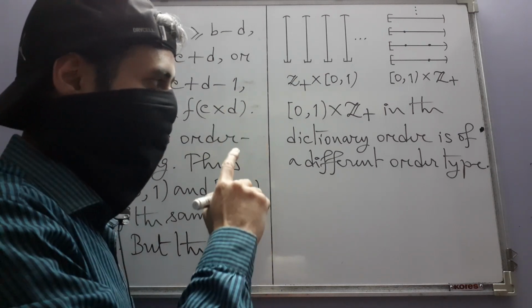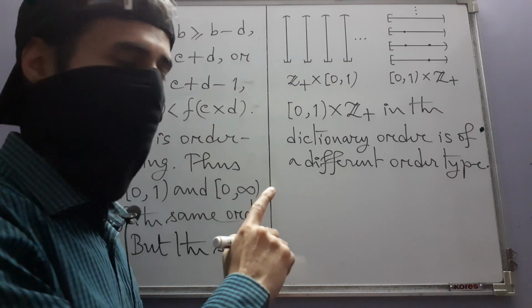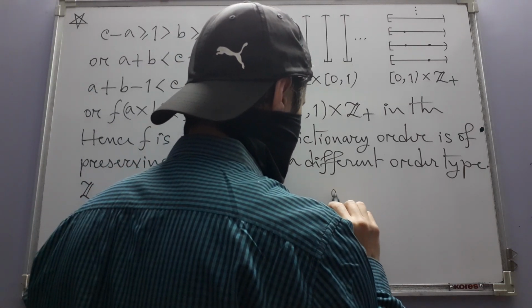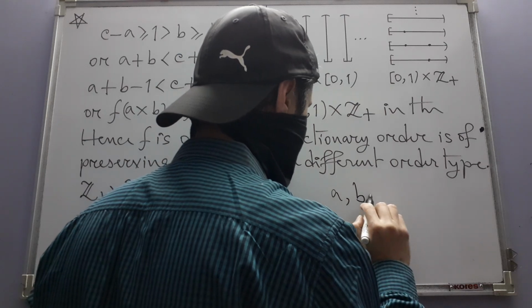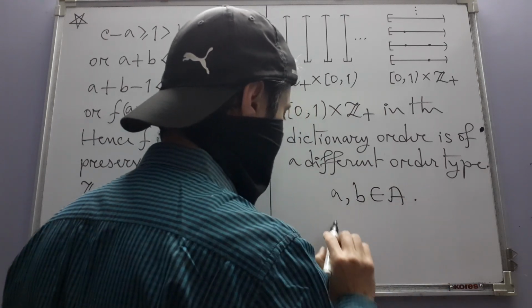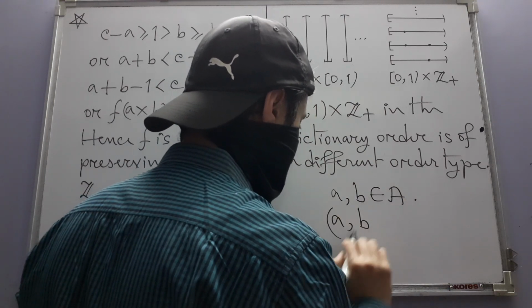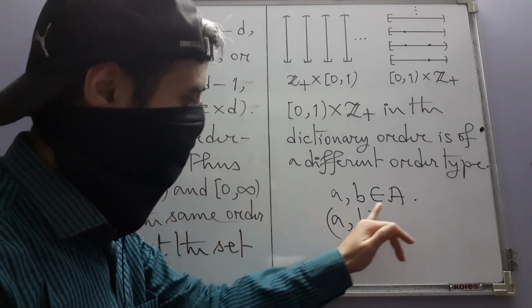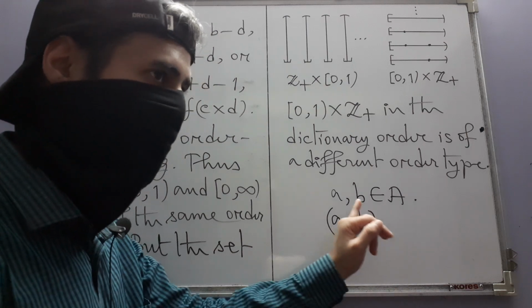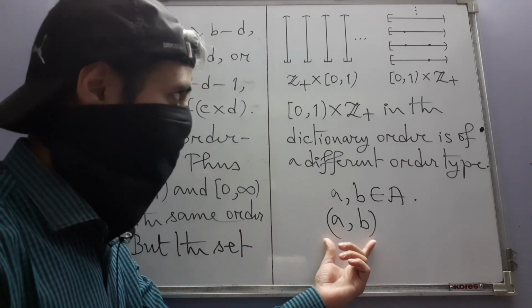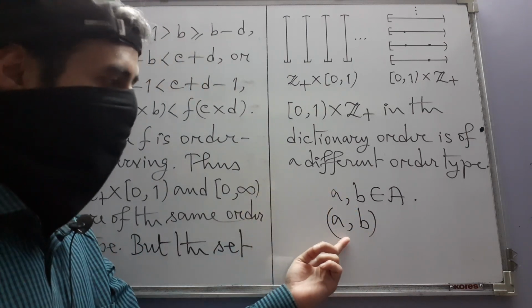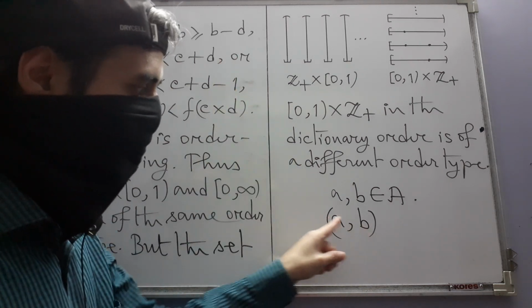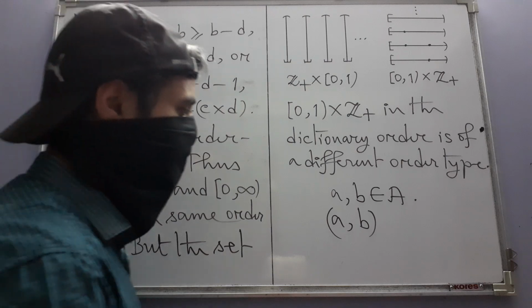If you go back to what we defined in the previous video, you take any two elements a and b in an ordered set A. You can consider the open interval. This consists of all points in A that are greater than a and less than b. Did you see why we are denoting ordered pairs using cross? Because otherwise we will confuse them with this one.